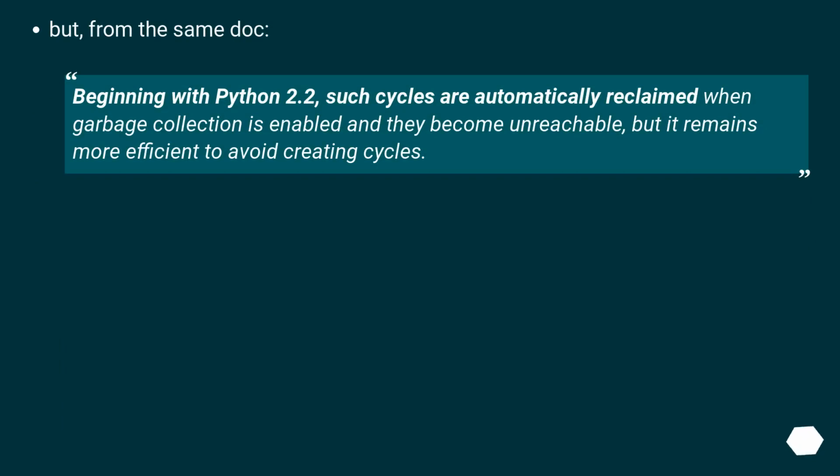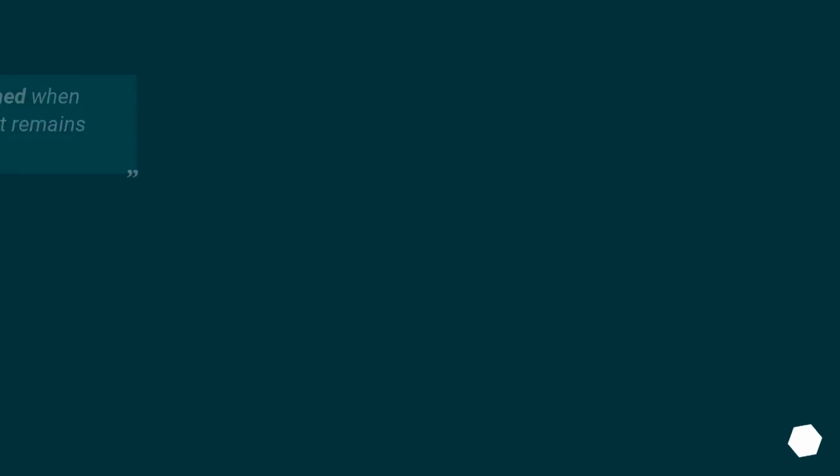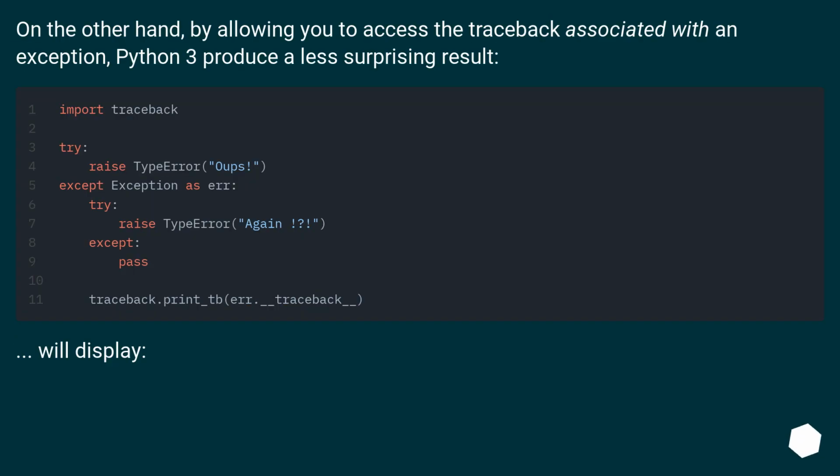But, from the same doc: beginning with Python 2.2, such cycles are automatically reclaimed when garbage collection is enabled and they become unreachable, but it remains more efficient to avoid creating cycles. On the other hand, by allowing you to access the traceback associated with an exception, Python 3 produces a less surprising result.